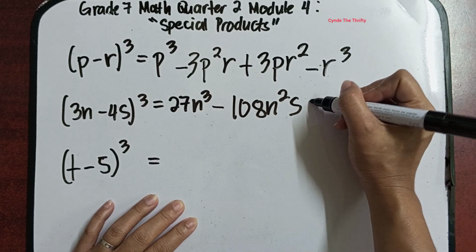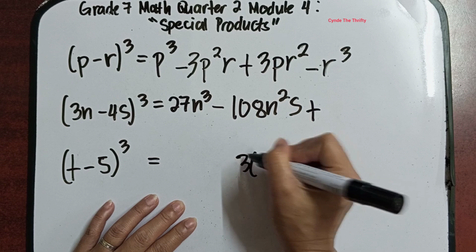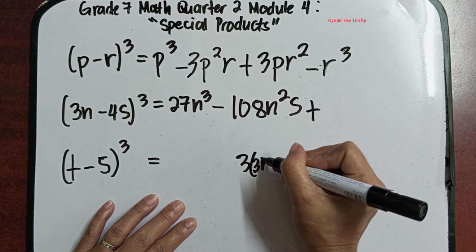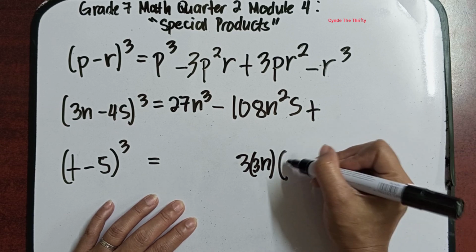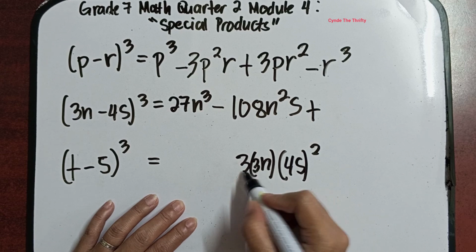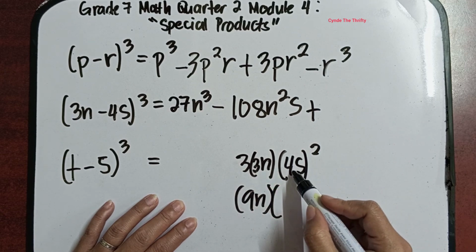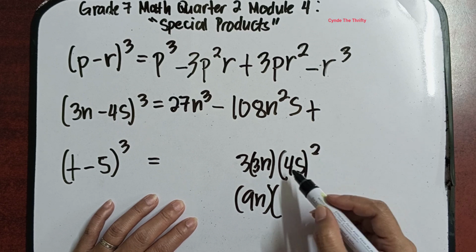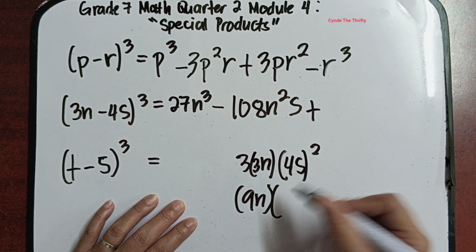So add 3 times the first term. Okay? So 3 times the first term, which is 3n. And then times the square of the second term. So, ang second term is 4s, i-square natin siya. Okay, so 3 times 3 is equal to 9n multiplied by (4s) squared. So, 4 squared is equal to 4 times 4, so 16s squared.